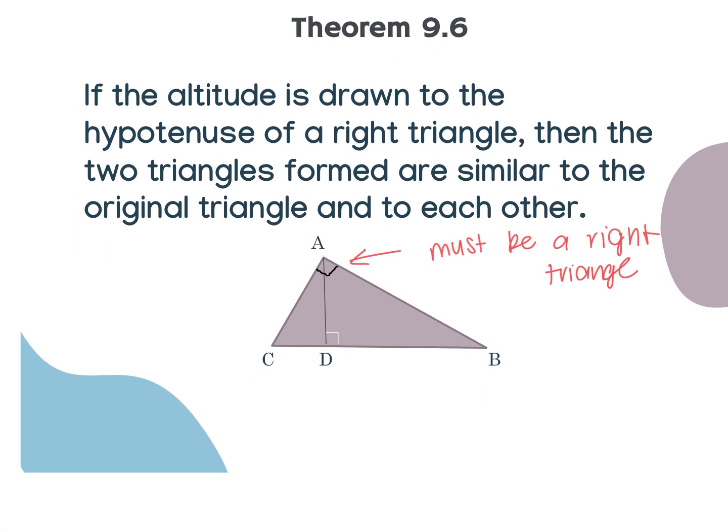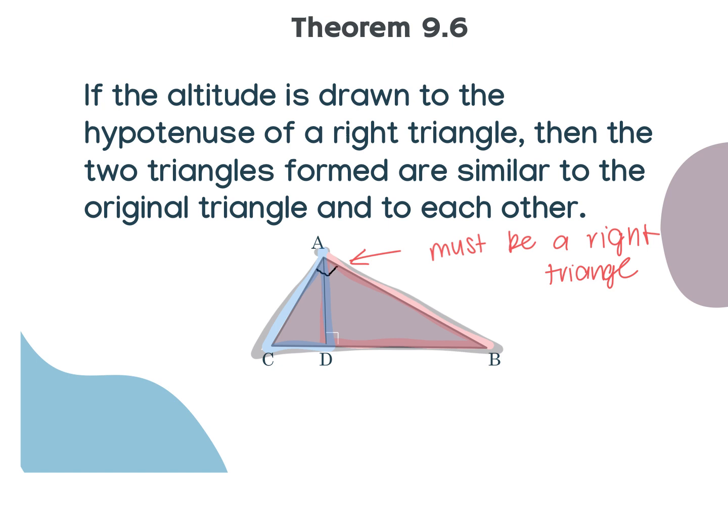You have your original triangle, your smallest triangle, and your medium triangle. I'm going to highlight them so you can see them. Here's my original triangle. Here's my medium triangle in red. And this is my small triangle in blue.